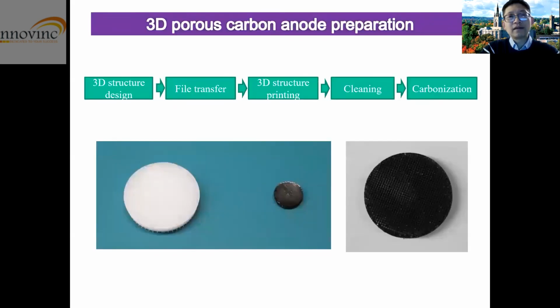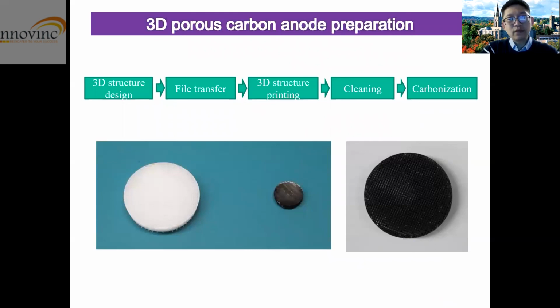So later, we moved to a carbon-based electrode. The process is like this: we do 3D printing and then do carbonization to convert the polymer electrode into a carbon electrode.